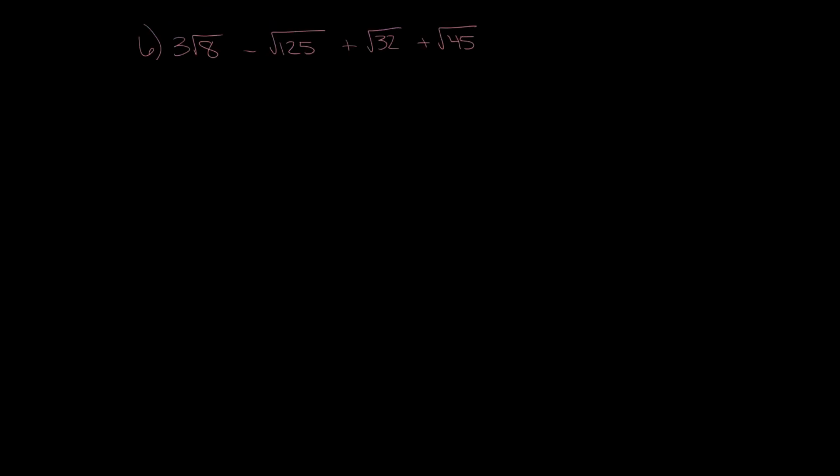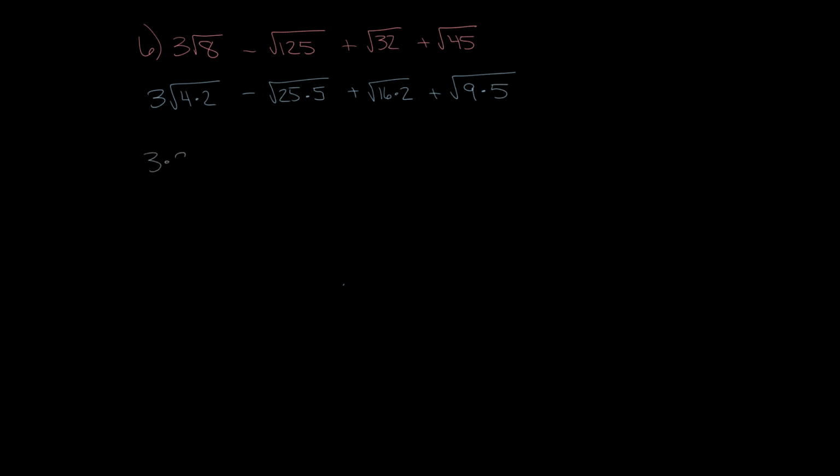This is another problem just like the one that we already did. None of the radicands are the same, but I have to simplify them. Okay, so 8 would be 4 times 2. 125 would be 25 times 5. 32 is 16 times 2. And 45 would be 9 times 5. Okay, let's see what we can do with this now.